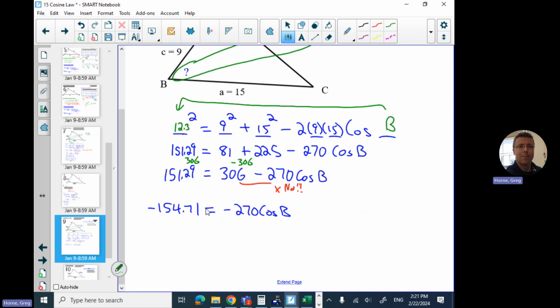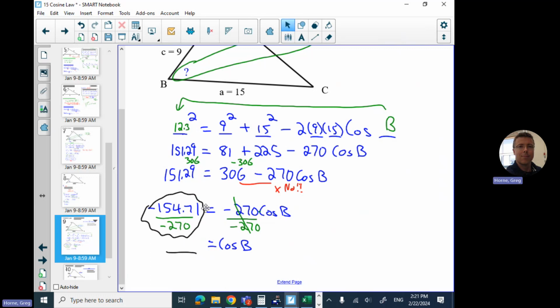Because we have this multiplication by negative 270 to get rid of, so dividing by negative 270 gets rid of that, leaving us with cos of B. And so we have to do that calculation, and then we're going to have to solve for B after that, right?